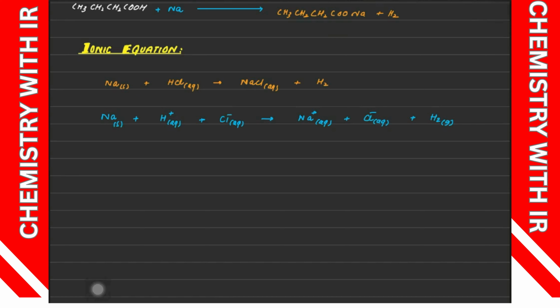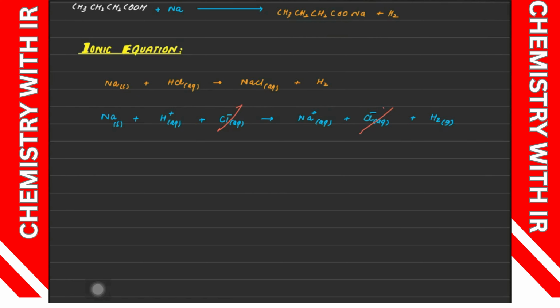Only the aqueous ones are to be broken down. After this, you are supposed to cancel Cl- and Cl- because they are the same.